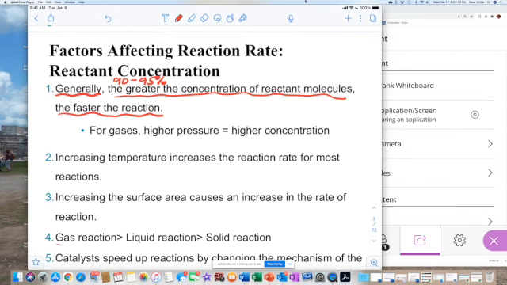In general, if the concentration increases, the reaction goes faster. Concentration is a term that's used to describe solutions, and pressure is a term that's used to describe gases.